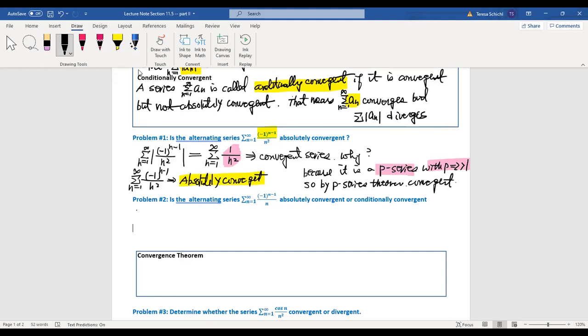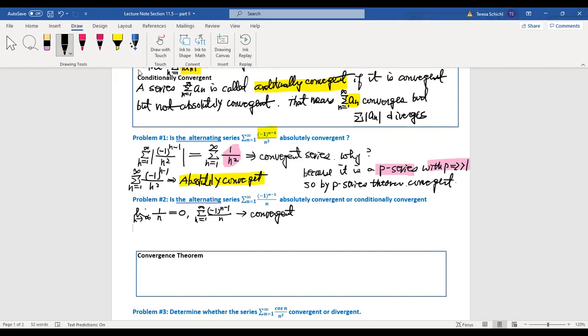So the limit as n approaches infinity of 1 over n approaches 0. So the 1 over n approaches 0, so I know the sum from n equals 1 to infinity of (-1)^(n-1) over n is convergent.